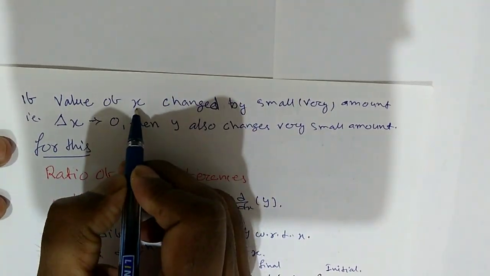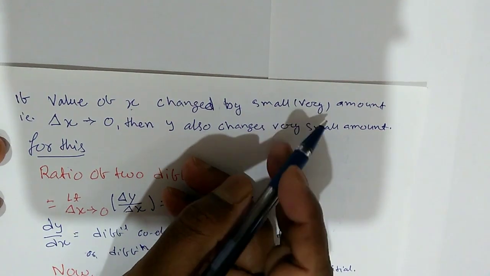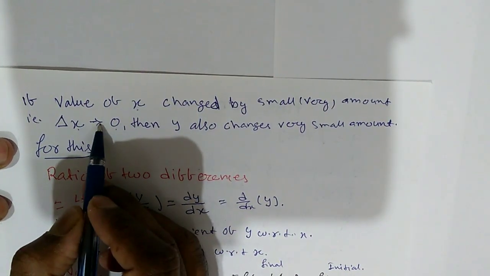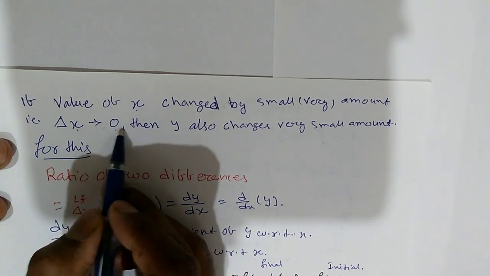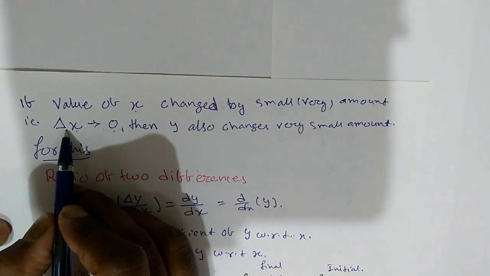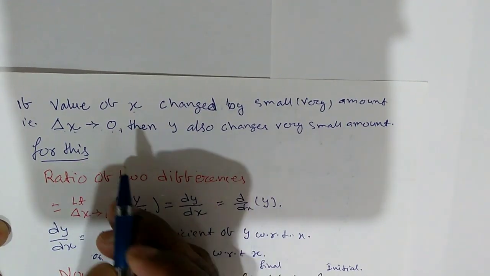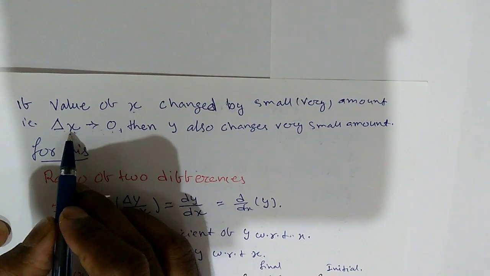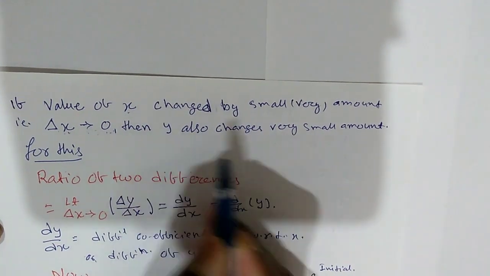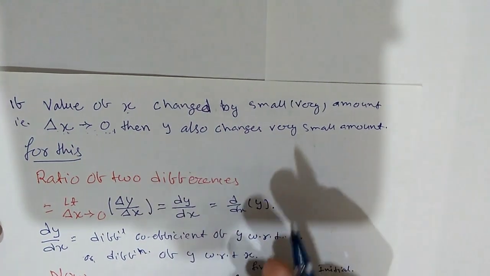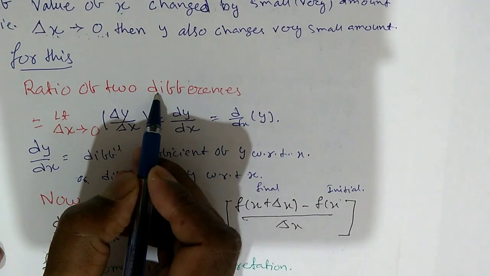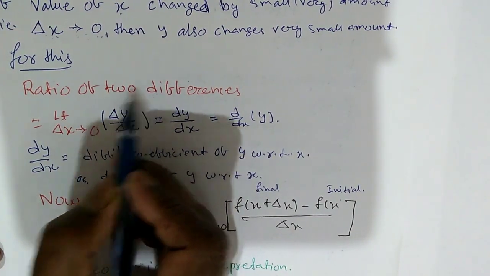Next case, if x changes by a small amount, that is del x, which is extremely small, so take del x tends to 0. This is the way we read it: del x tends to 0. Then y also changes, as we studied in function. So the ratio of the two differences, it means del y upon del x.